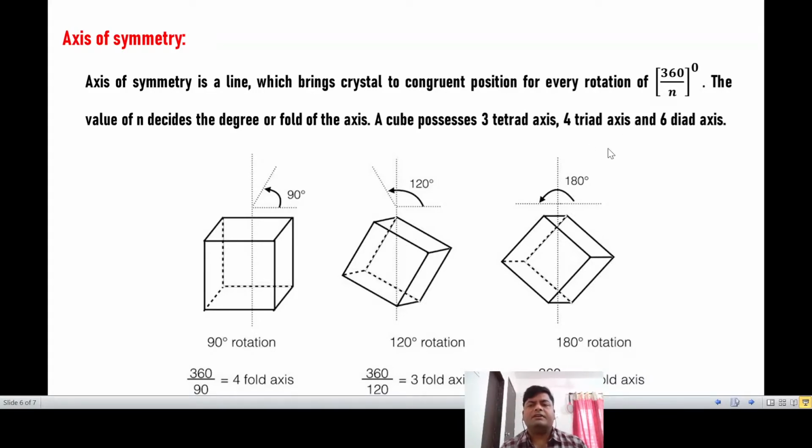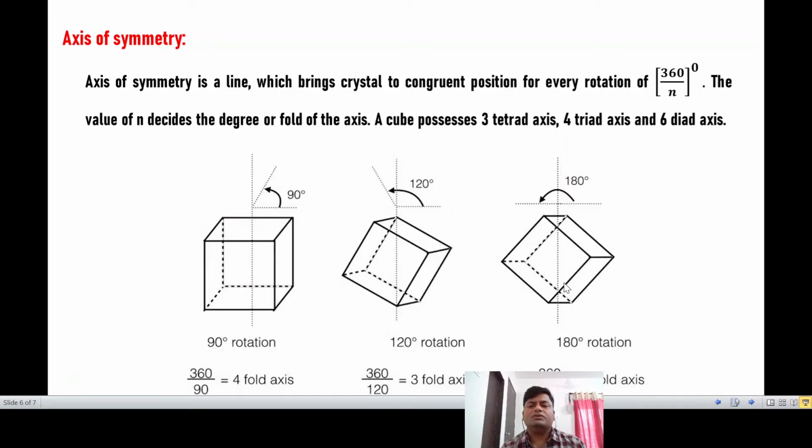These four axes are the triad axes, because along each axis we can rotate the crystal three times so that it comes to its congruent position. Such four triad axes can be drawn in the cubic crystal system. Now coming to the diad axis, it passes through the center of the edge of the cubic crystal system.